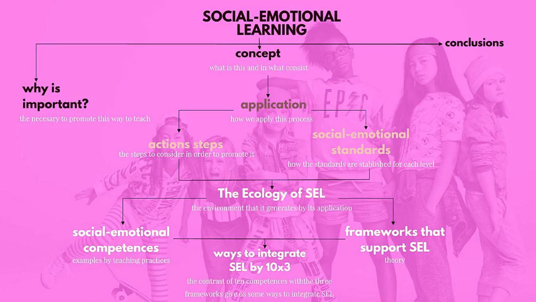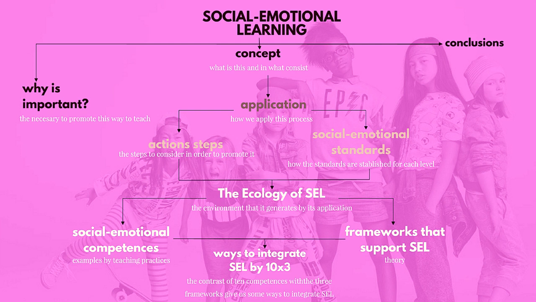Well, this is the content of this presentation. We are going to start with the concept: what this is and what it consists of. Secondly, why it is important and necessary to promote this way to teach.